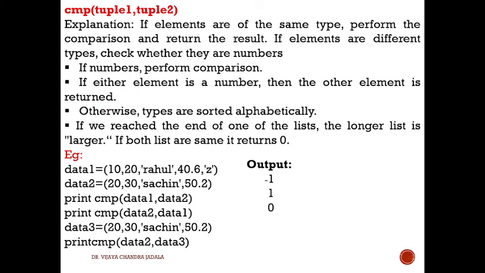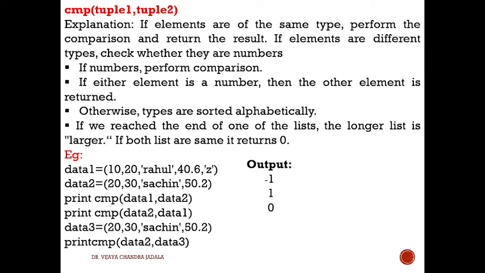Next, comparison: cmp of tuple 1, tuple 2. If elements are the same type, perform the comparison and return the result. If elements are different types, check whether they are numbers. If numbers, perform the comparison. If either element is a number, then the other element is returned.